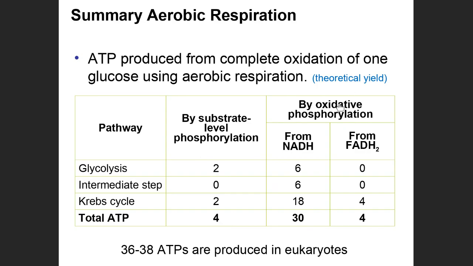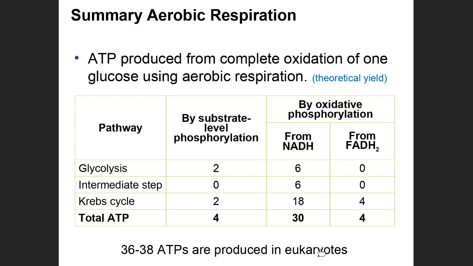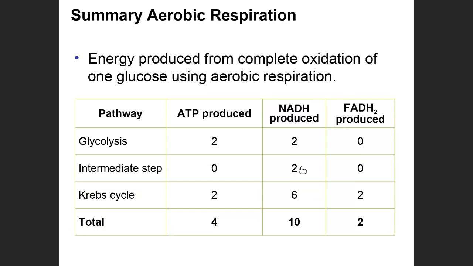When it comes to oxidative phosphorylation, the NADHs: remember that in glycolysis, 2 molecules of NADH were produced. Those 2 molecules of NADH yield 6 ATPs. In the intermediate step, again, 2 molecules of NADH are produced.